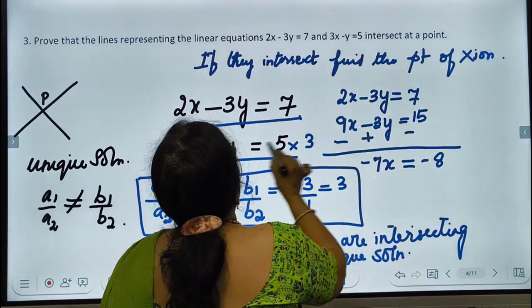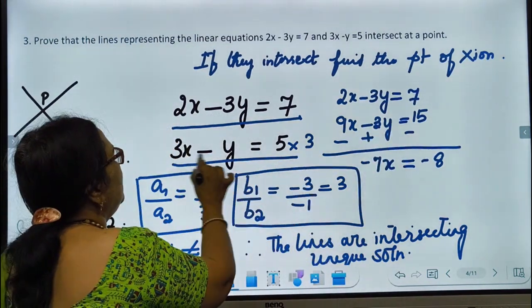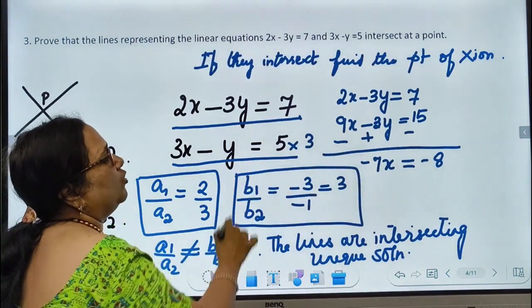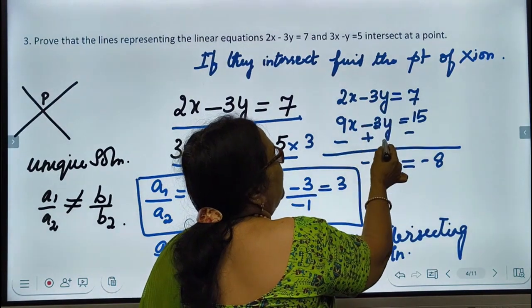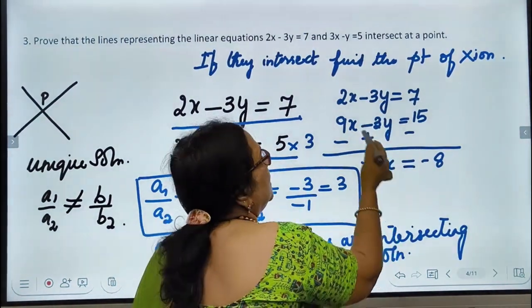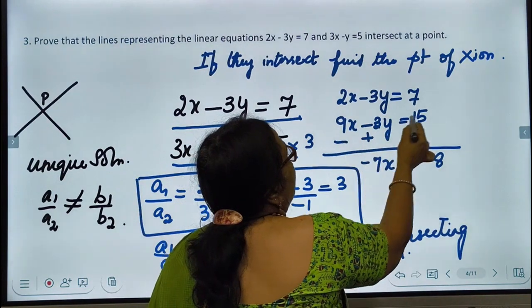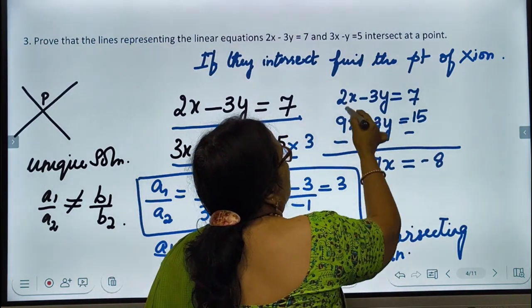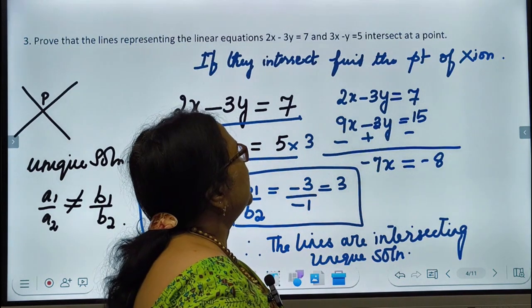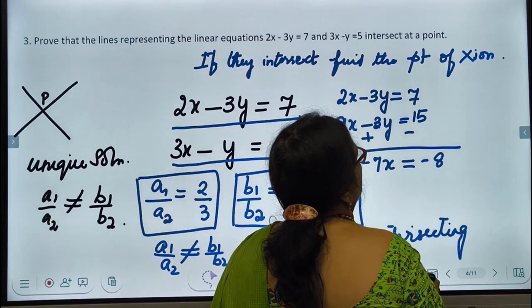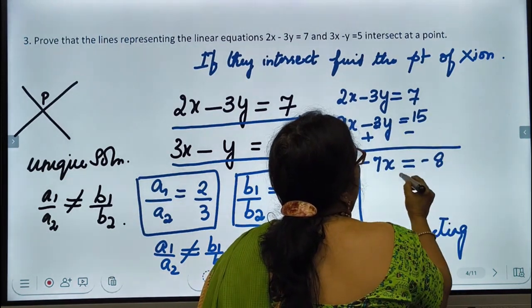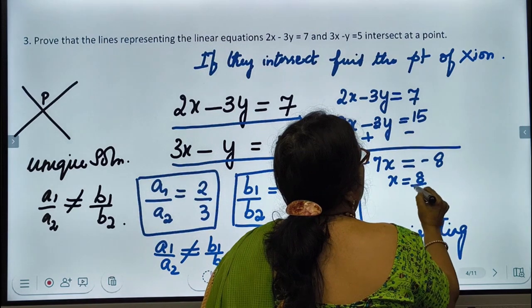These two get cancelled, since minus 3y plus 3y cancels. Therefore, x is 8 by 7.